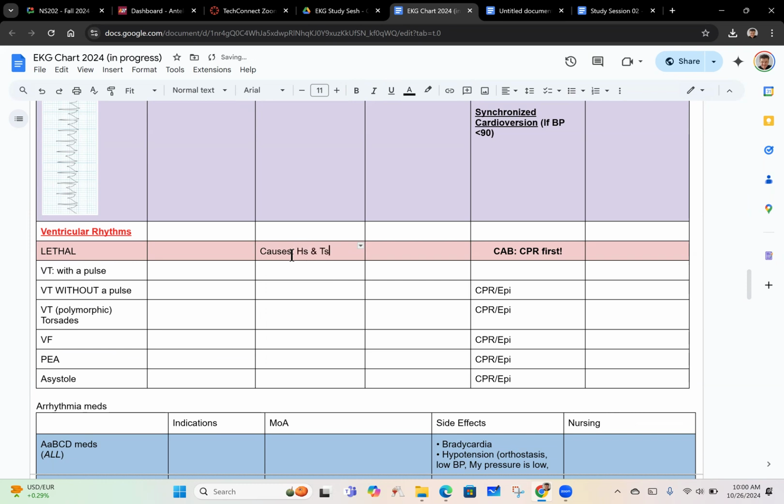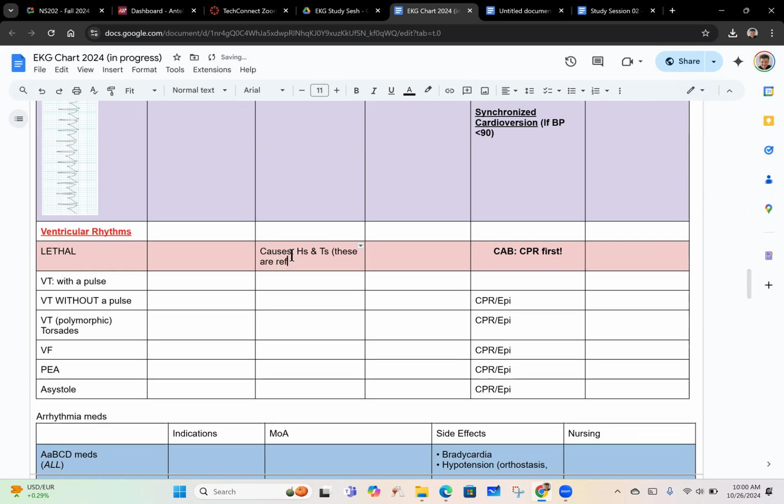H's and T's are the cause for every lethal rhythm, and the cool thing about these is they're reversible. How many H's are there? Five H's and 5 T's. You can make it 6 sometimes for each one. So H's and T's are your reversible causes of lethal rhythms.